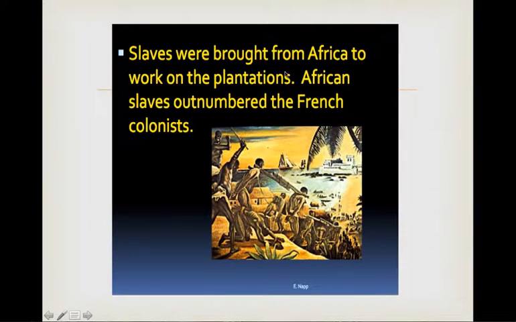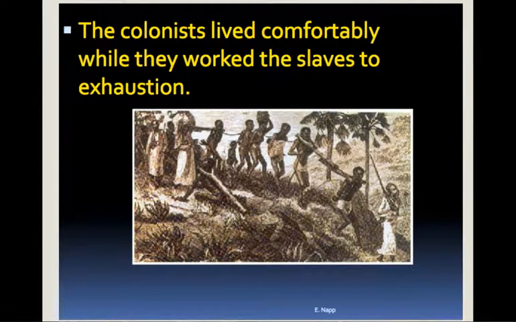So it talks about the slaves being brought from Africa to work on the plantations. And remember, African slaves outnumbered the French colonists. There were 500,000 slaves to about 20,000 colonists. The colonists lived comfortably while they worked the slaves to exhaustion. And that we know. The slaves are doing all the hard labor, and they had horrible conditions.